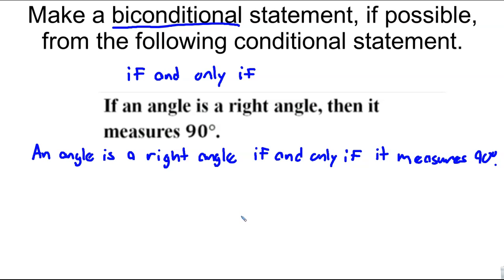So an angle is a right angle if and only if it measures 90 degrees. Again, biconditional is that if and only if statement. And you could also do this in the other order: an angle measures 90 degrees if and only if it's a right angle. Biconditionals work in both directions.